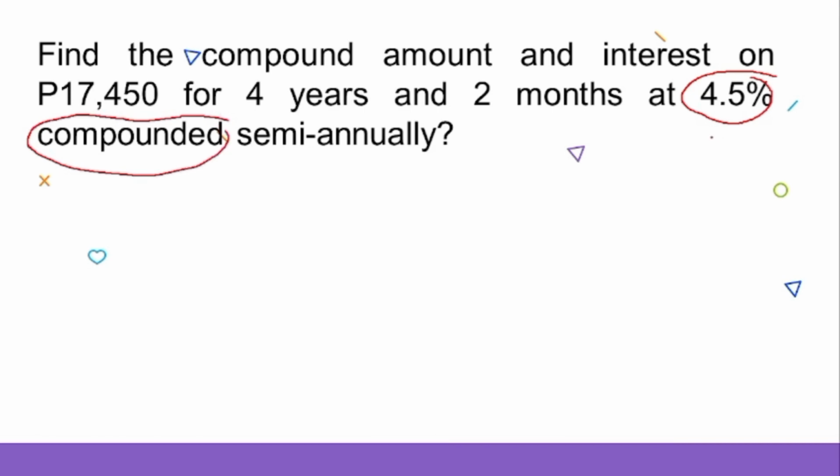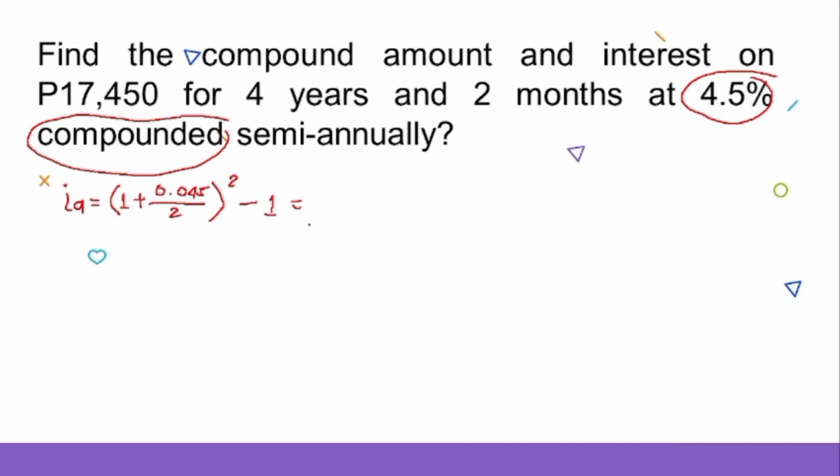So that would be, kapag kukunin natin yung effective interest rate, so again, this is the nominal interest rate. If we will calculate for the effective interest rate, so that would be 1 plus our interest is 0.045 all over 2 raised to 2 minus 1.